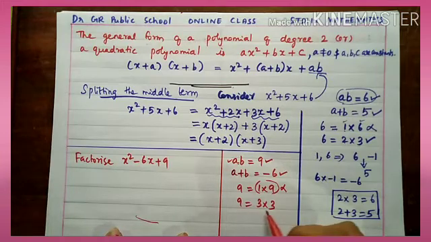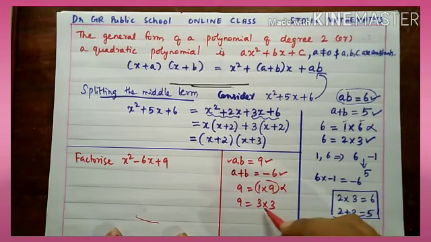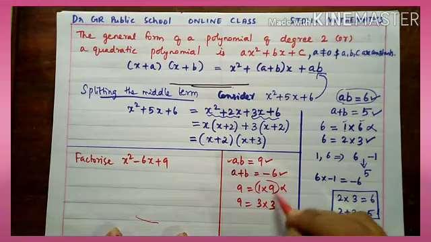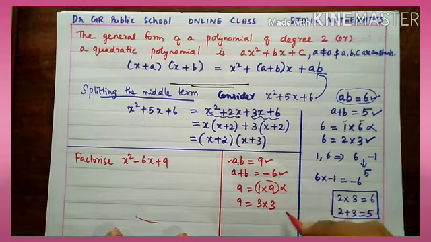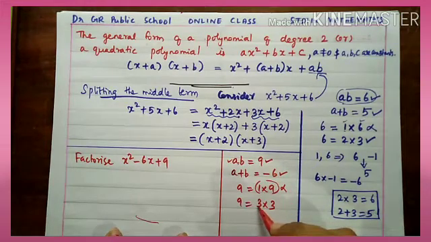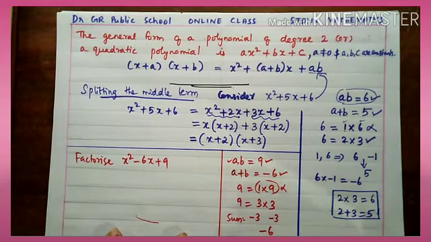Now take the next example, 3 and 3, these factors. So 3 and 3, obviously its product is 9. Can we make these numbers give the sum minus 6? Yes, when we take the negative of these two numbers, that is minus 3, what is the sum of minus 3 and minus 3? Minus 6.